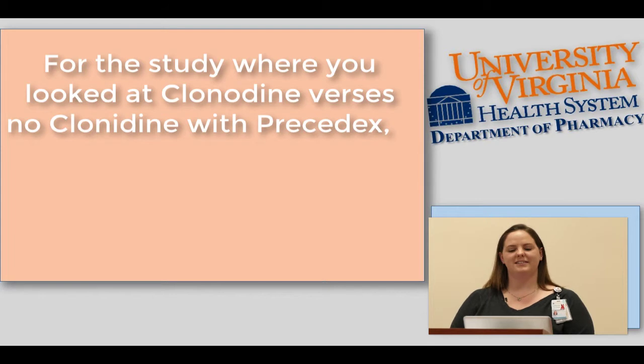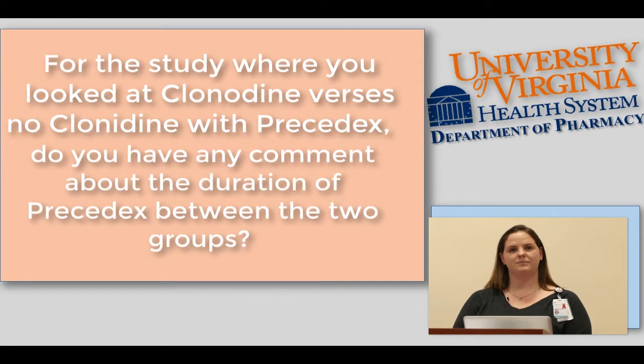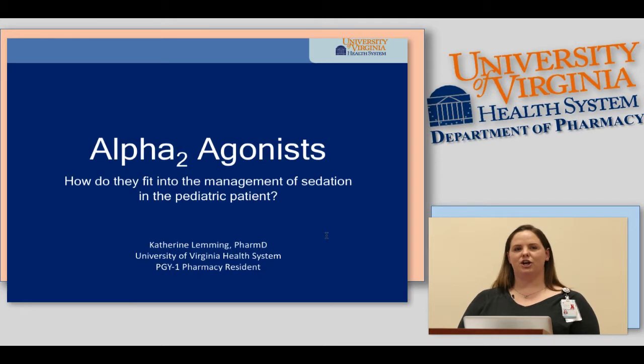So the study that you looked at for clonidine versus no clonidine with Precedex, did you have any comment at all about the duration of Precedex between the two groups? So it seemed like the group that received clonidine took longer to wean off the dexmedetomidine compared with the no clonidine group.